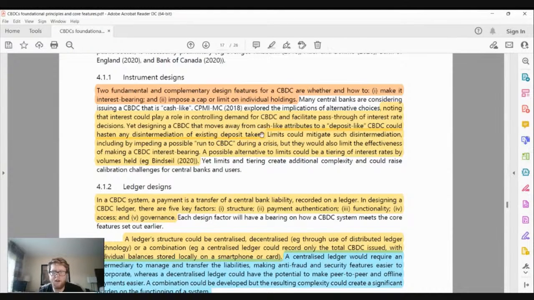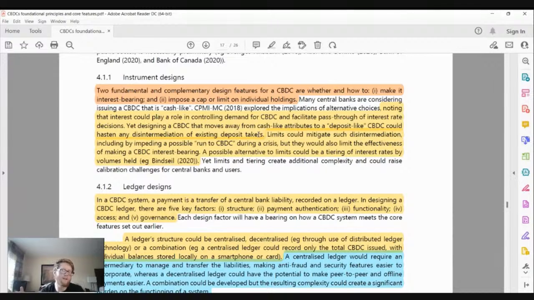It's what I was just talking about: it's either more like physical cash, with no interest, or more like a deposit. It could have more people convert their commercial bank deposits into the central bank digital currency, pulling liabilities, pulling liquidity out of the commercial banking system and putting it essentially on the Fed's balance sheet.